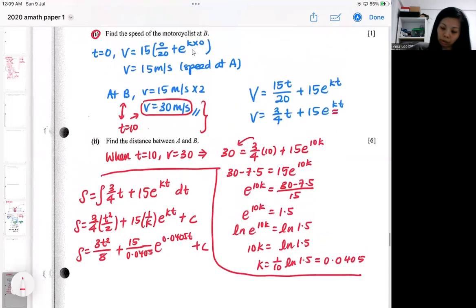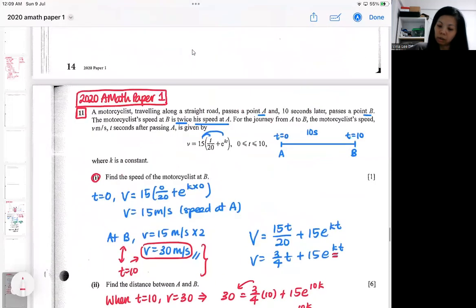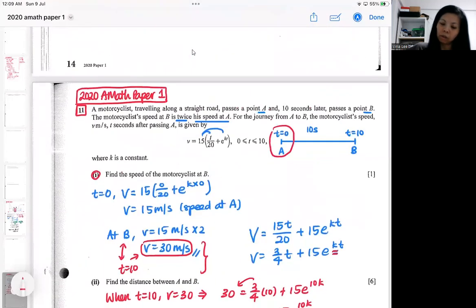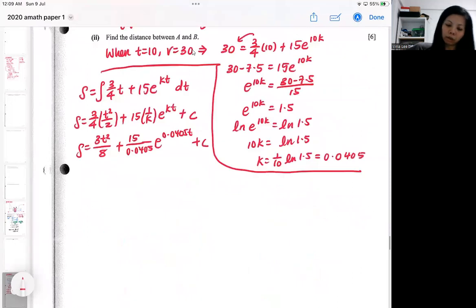In this question, the particle starts from the original point, which means t is equal to 0, s is equal to 0. So do not assume that the constant will be automatically 0. Show the calculation, and you'll find that you may not be getting a 0.